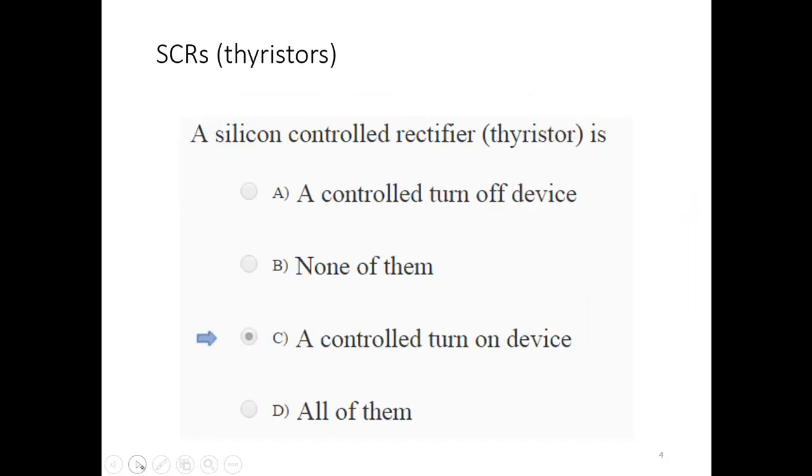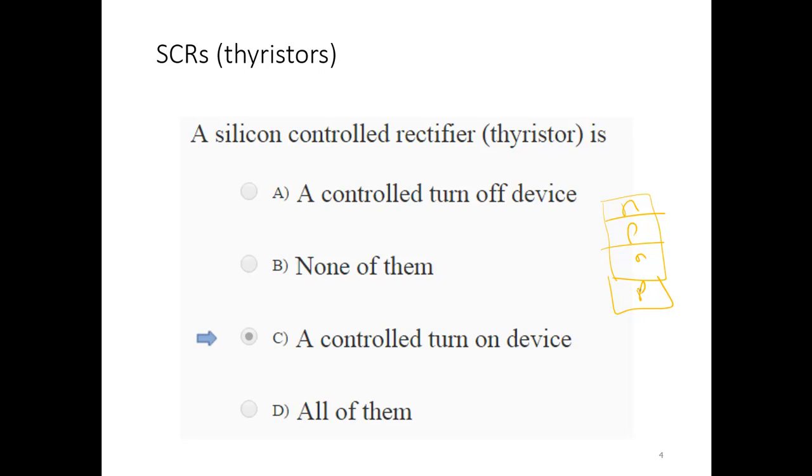The next one is the silicon controlled rectifier. It is a device with NPNP layers. This is the device you have. With this characteristic, the silicon controlled rectifier can be turned on by a small signal. Once it turns on, it becomes like a diode.